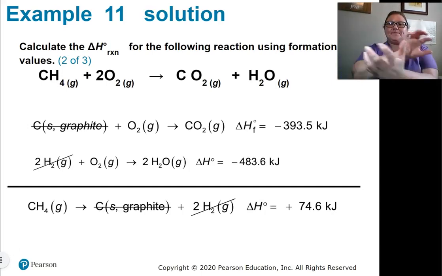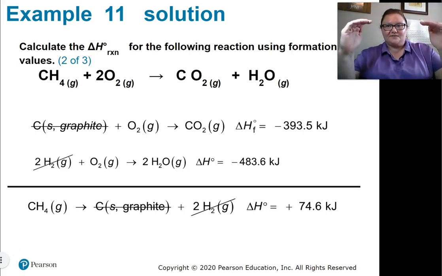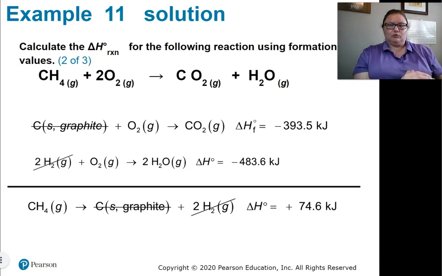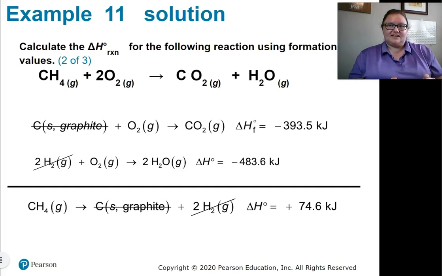We're going to need to flip some of those steps so that they line up properly, and we're able to just kind of add the steps downward and get the CH4 only on the reactant side, get just the O2 on the reactant side, and then we want the CO2 and the water to only be on the product side. So if we need to reverse a reaction, we can do that. Okay, and then remembering when we do that, we do need to flip the sign of the delta H.